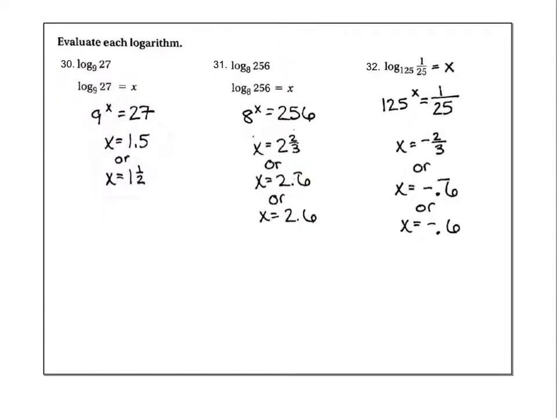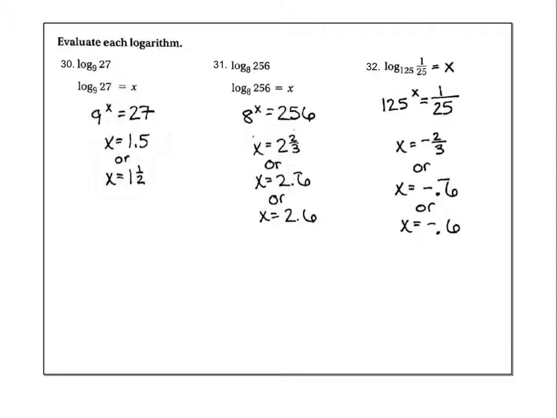Here are your questions from homework last night. I know they were a little bit harder because they were fractions or decimals. Most of them won't be that way. Number 30, x would have been 1.5 or 3/2. Number 31 was 2.6 repeating, or 2 2/3. And number 32, either -2/3 or -0.6 repeating.